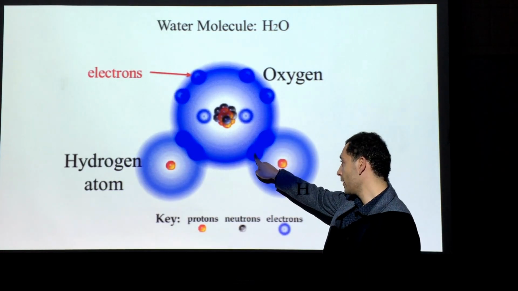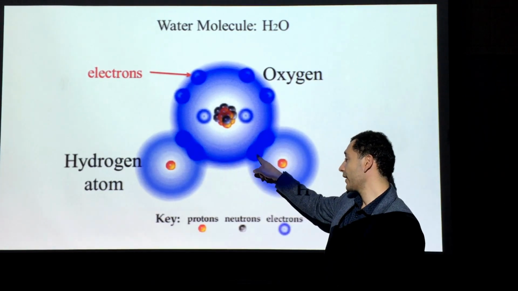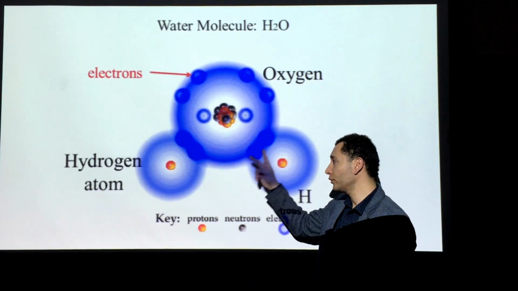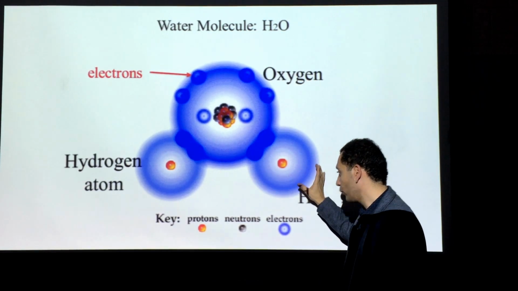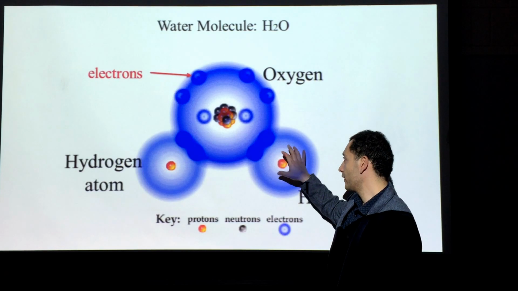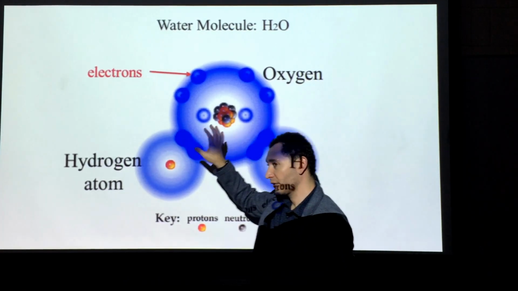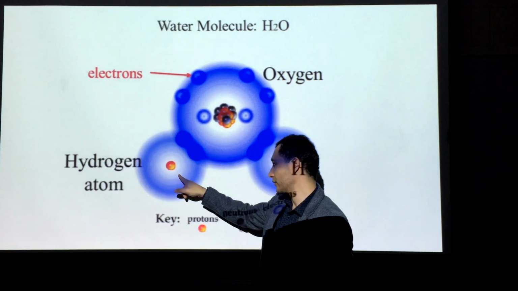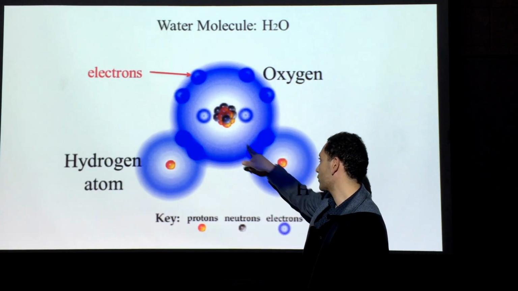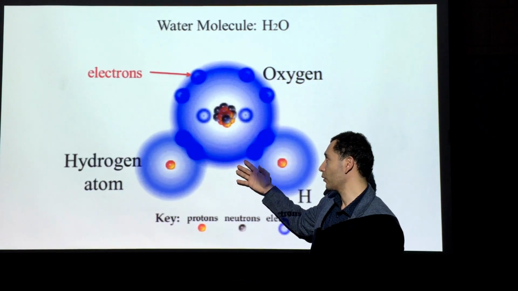The reason why is because in its outermost shell, which is just the first shell, it only has 1 electron, but it can hold up to 2. It wants to share 1 more to make it stable. This guy is going to share his electrons, this guy is going to share his electrons, and this guy is going to share his electrons. And since they're going to share, the molecule is now considerably more stable.